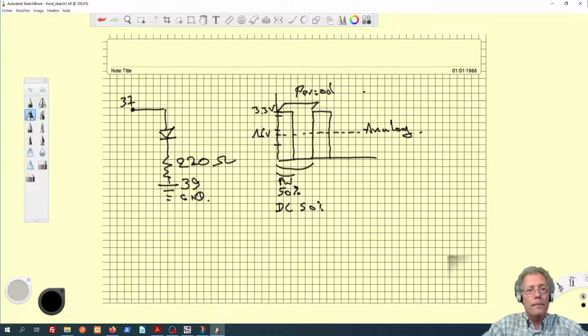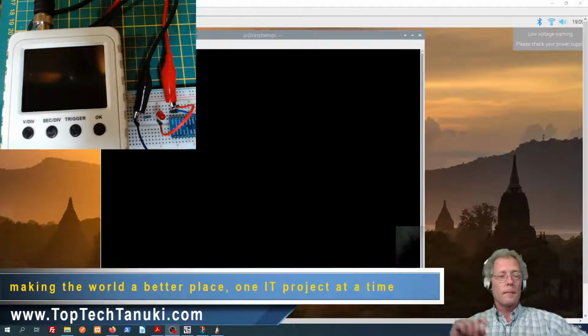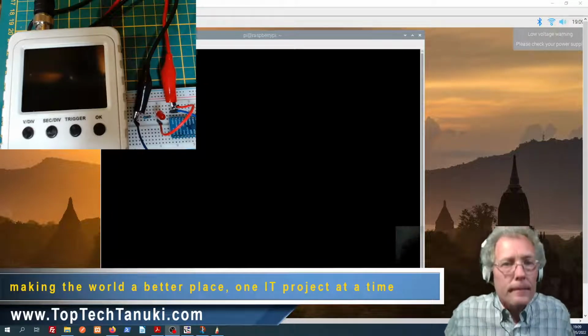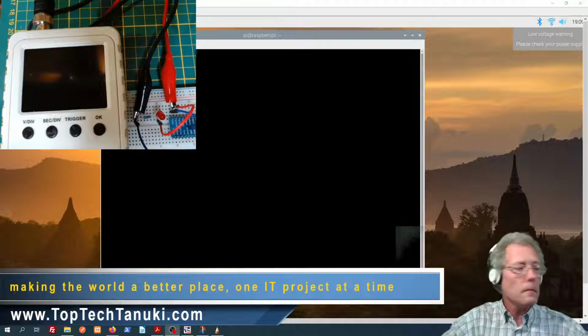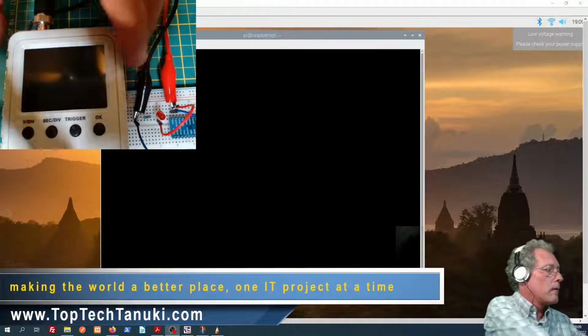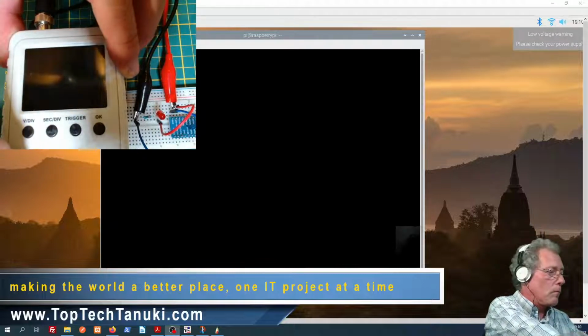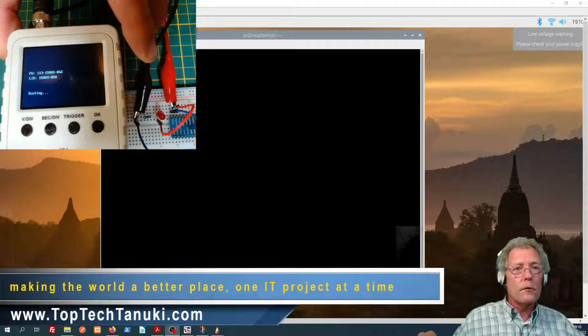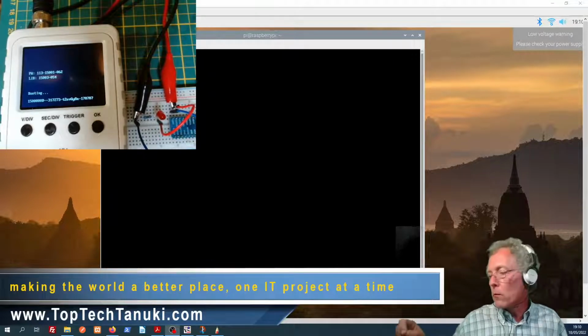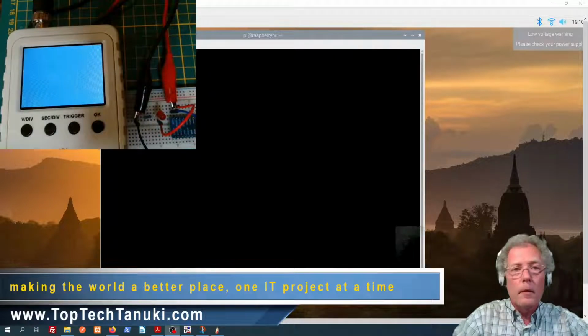Okay, so I go back to my screen with my board here and the scope. I'll turn it on here. It's just a little one, it's not a big one as Paul has.